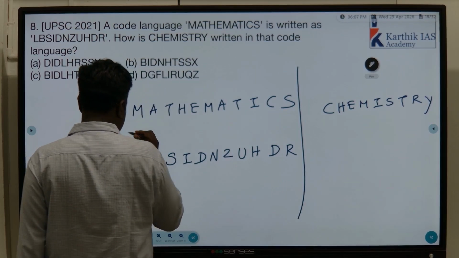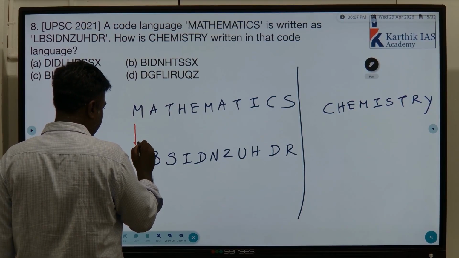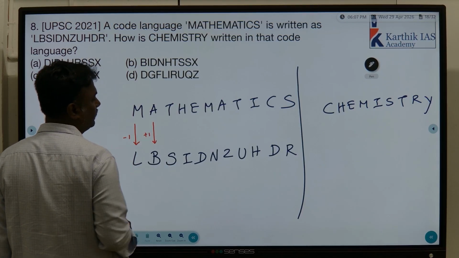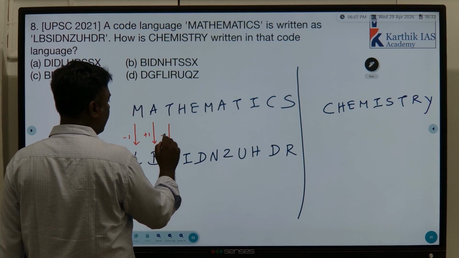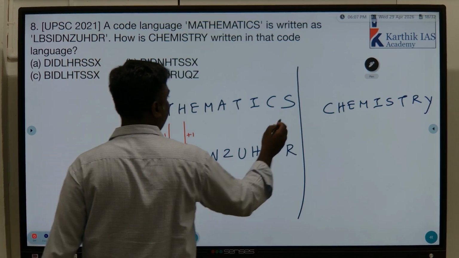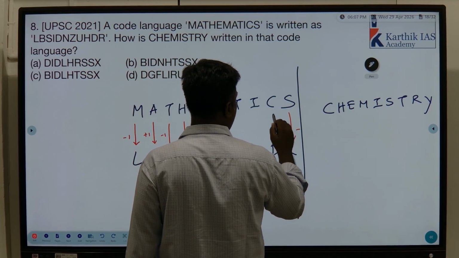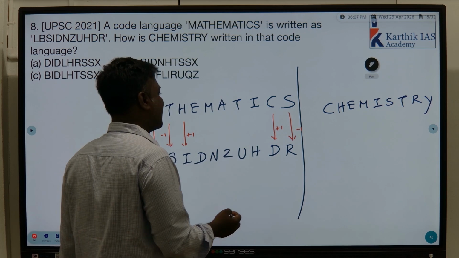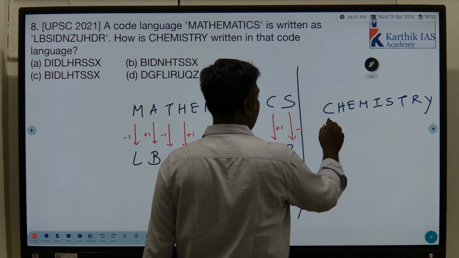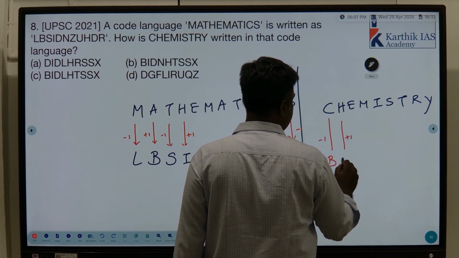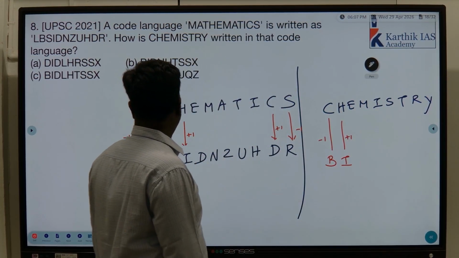LM -1, right? AB +1. One letter before, one letter later. HI. Till this, one letter before, one letter plus. So -1 +1. It starts with -1, correct? So one letter before, it is B. One letter later, HI. So it should start with BI.